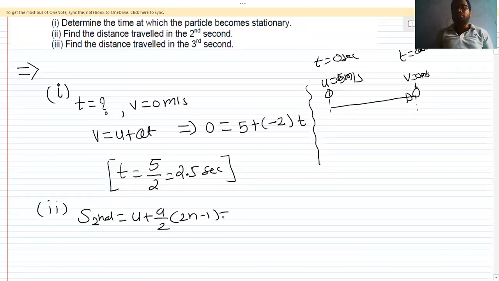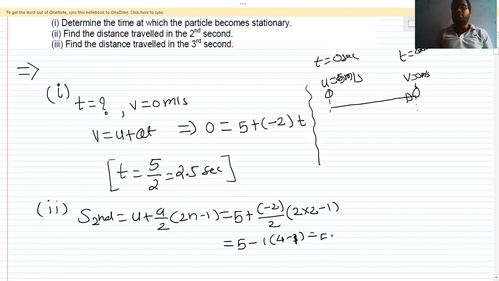Which is equal to u, which is 5, plus a, which is minus 2, divided by 2, into (2 into 2 minus 1). If you solve this, you will get 5 minus 1 in bracket 4 minus 1, and that is equal to 5 minus 3, which is equal to 2 meters, right? So this is the answer which we have.